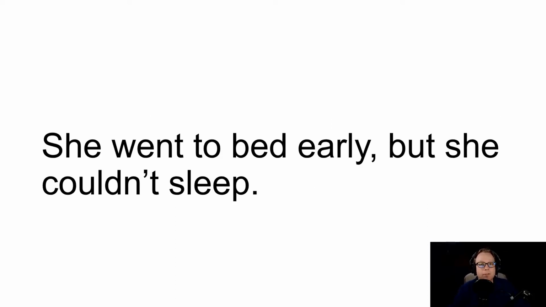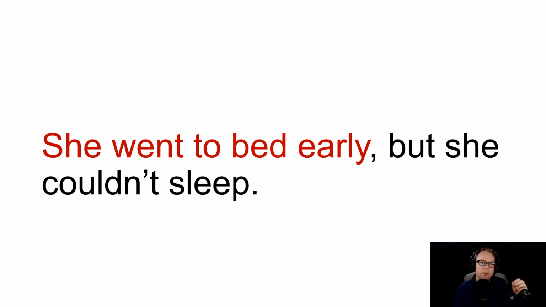Here we have another example, a little bit different than the first: She went to bed early, but she couldn't sleep. Our first independent clause is she went to bed early. We have a comma here because what follows is the conjunction but. But is showing a disparity between these two thoughts, that they are separate and different, and they need a visual separation.